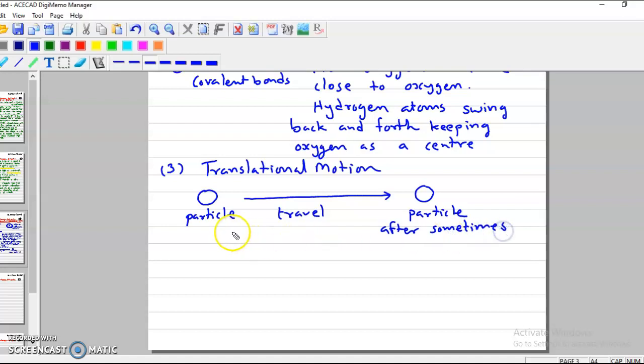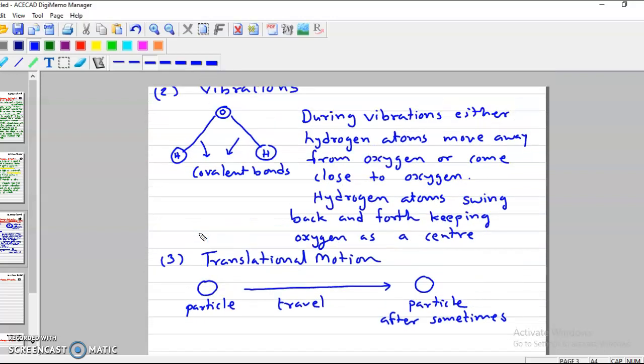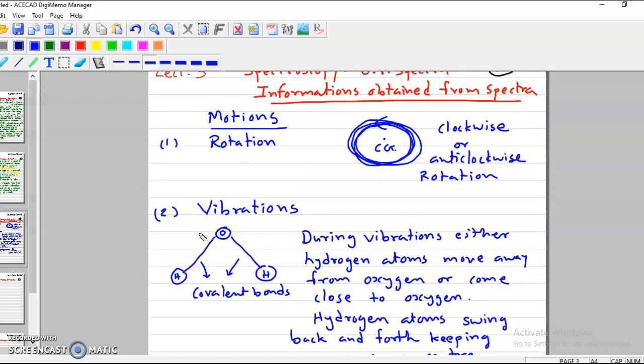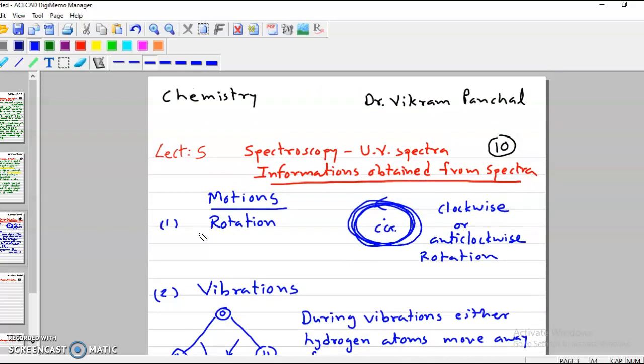This may be due to absorption of energy. So there are three basic motions of a particle: translational, vibrational, and rotation.